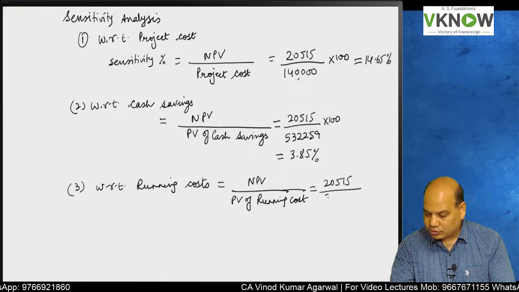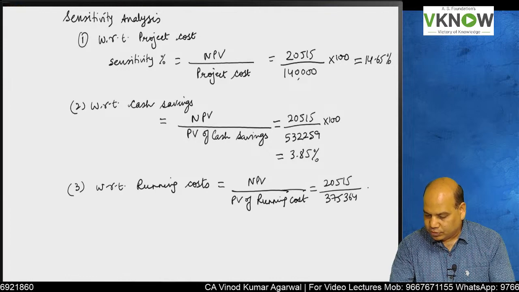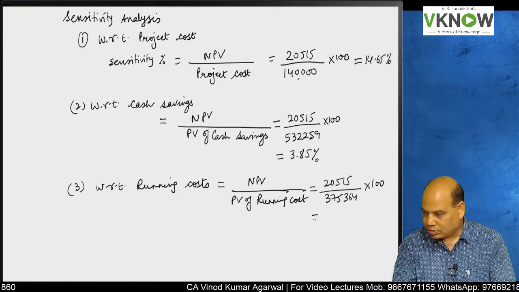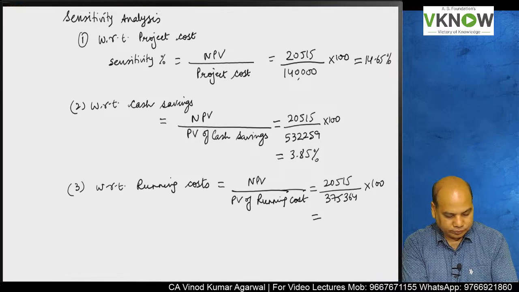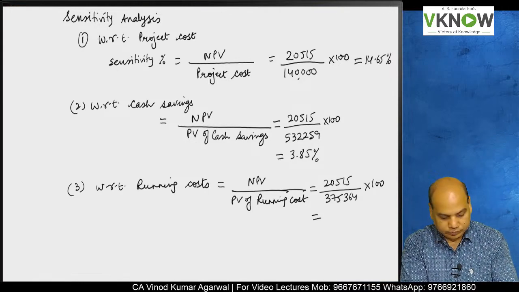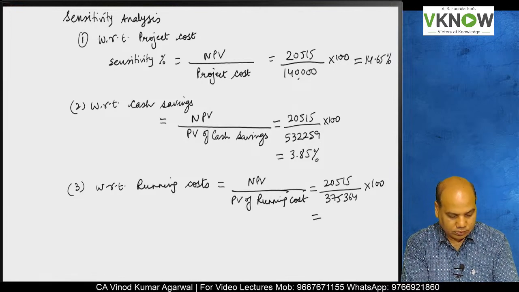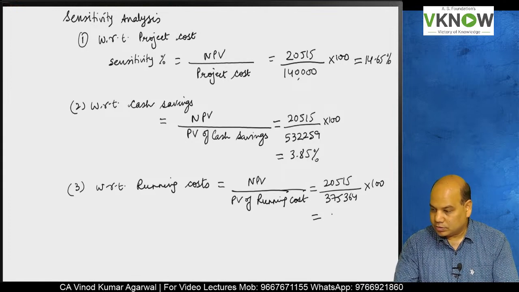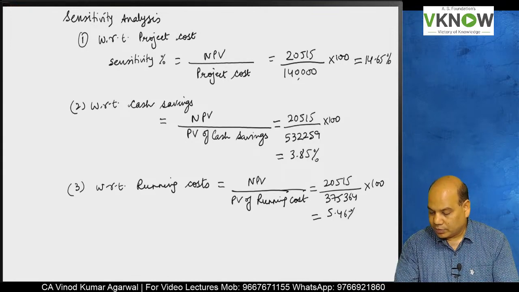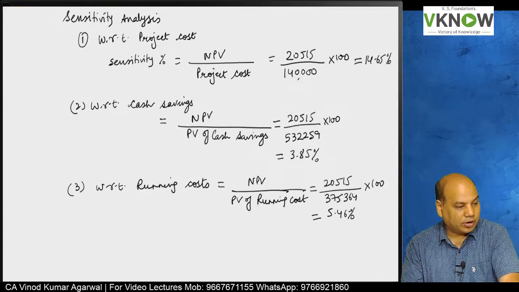PV of running cost was 3,64,000 into 100. Anybody answer? 5.46%. Very good.